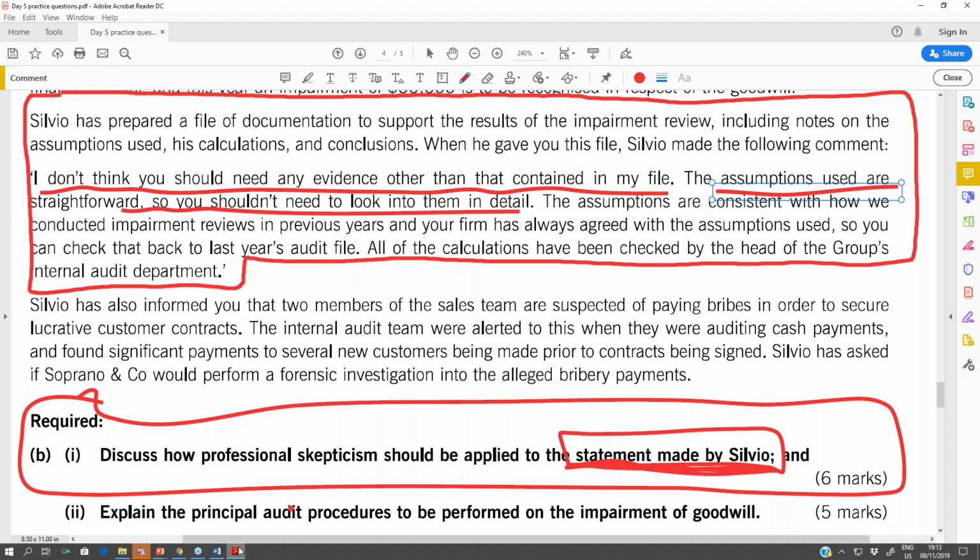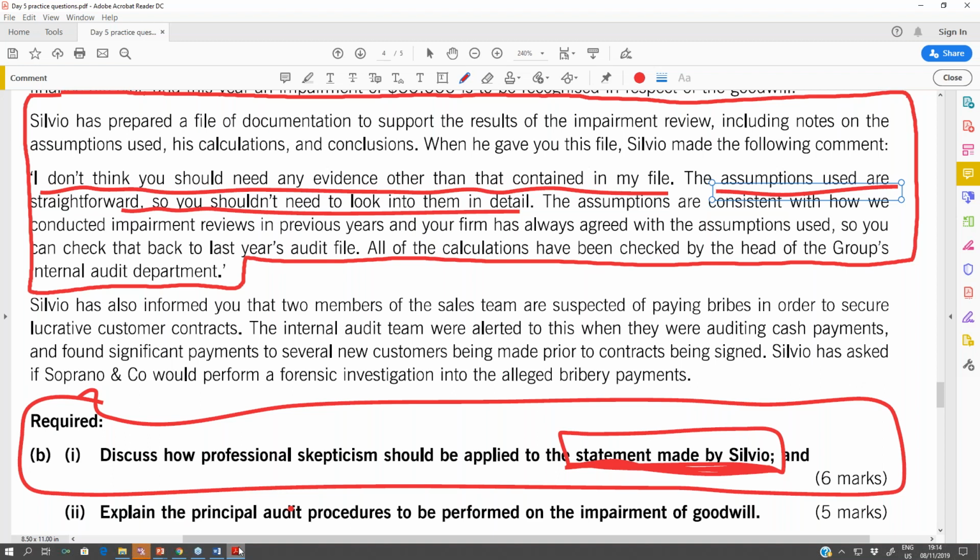Don't you believe assumptions change from year to year? Right? So he thinks that you never challenge the assumptions, he's saying.